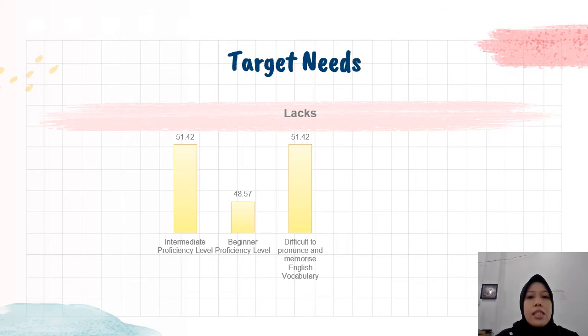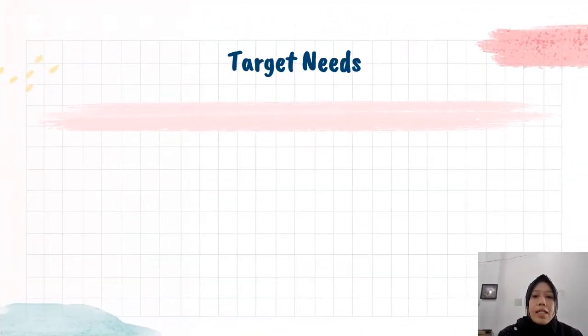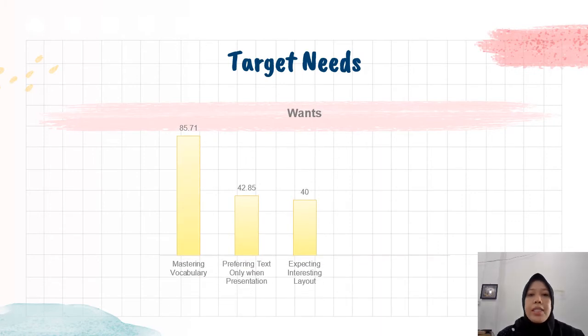The last target needs is wants. The students chose the questionnaire statement on mastering vocabulary because, as before, they really need to master vocabulary because they still lack it.